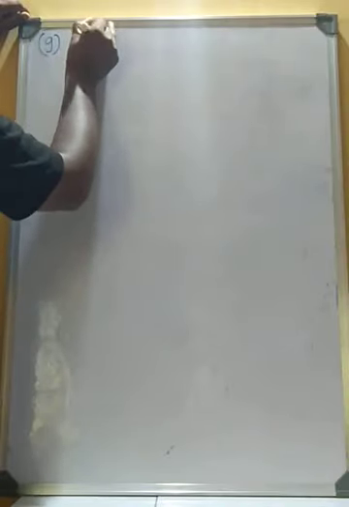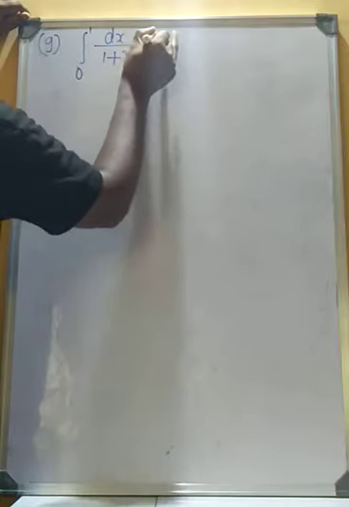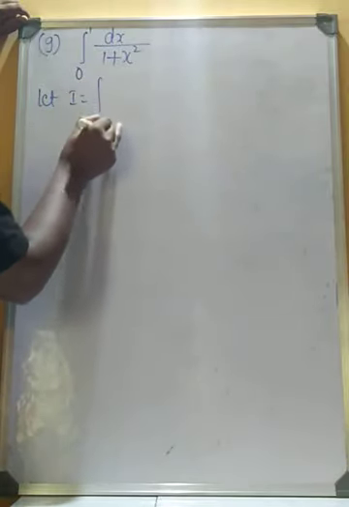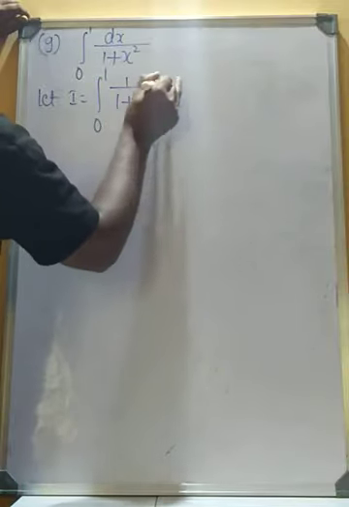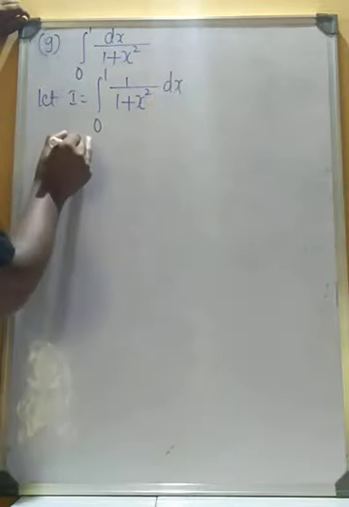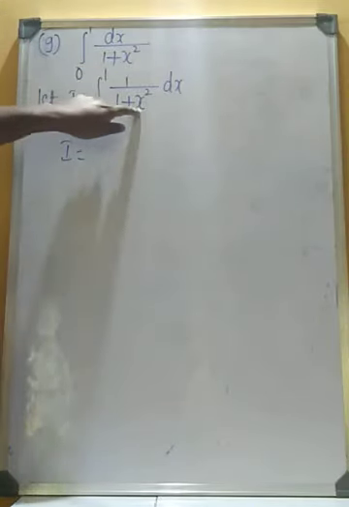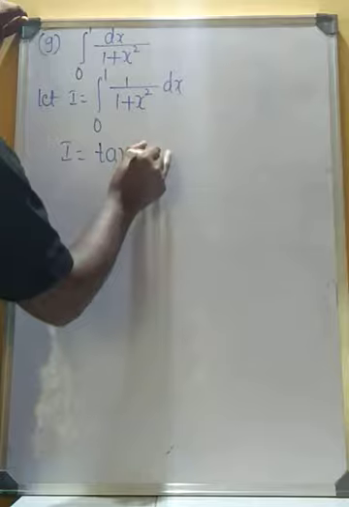The next example, evaluate integral 0 to 1 dx dividing by 1 plus x square. So let I equals integral 0 to 1 by 1 plus x square into dx. You know integral of 1 by 1 plus x square into dx, that is tan inverse x.